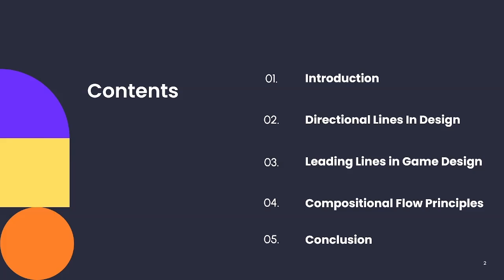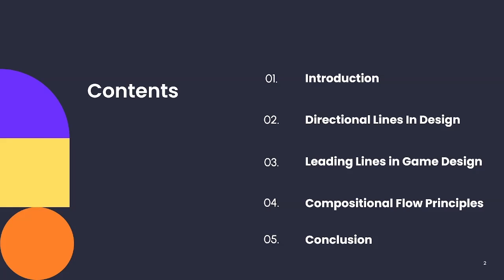Then we'll move into the description of directional lines in traditional art and traditional design, as in physical art like paintings and other types of design, such as websites or menus and other things that you read.